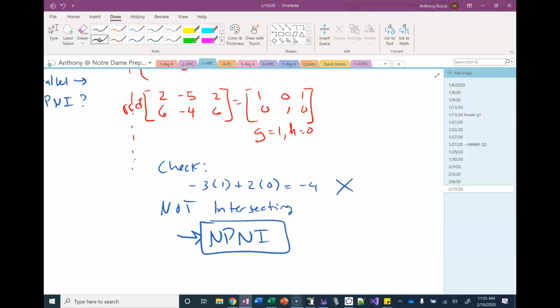Yeah. So the first thing we always do is we check to see if it's parallel or not. If it is parallel, I don't know if it's parallel or overlapping. So to check which one it is, you see if a point from one line is also a point on the other. If it's not parallel, we have to check the difference between intersecting and non-parallel, non-intersecting.